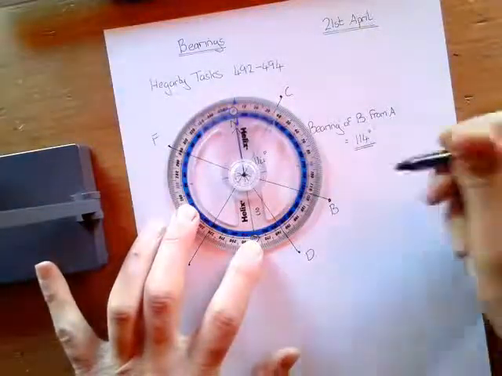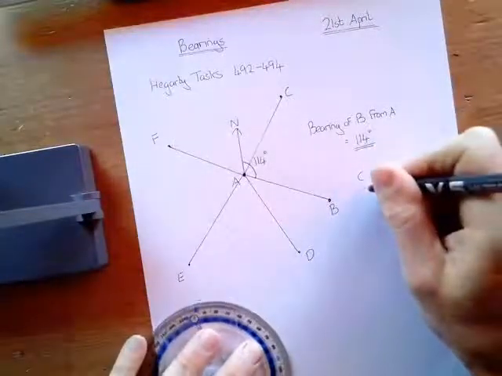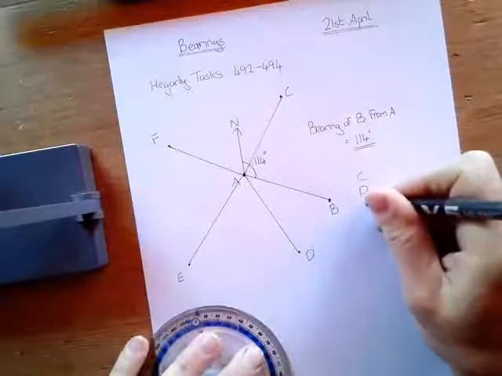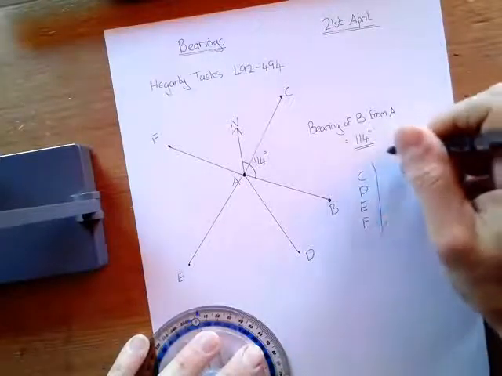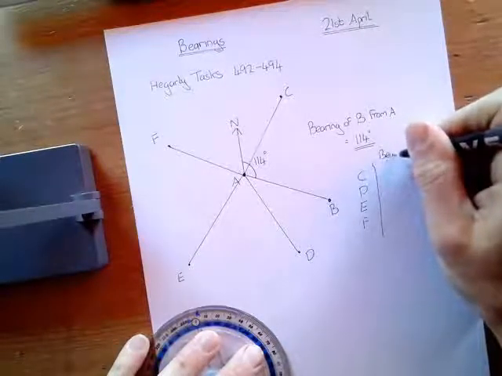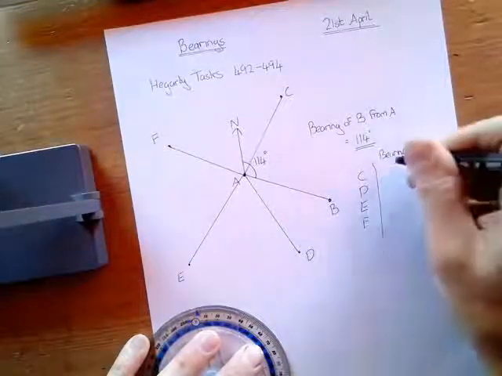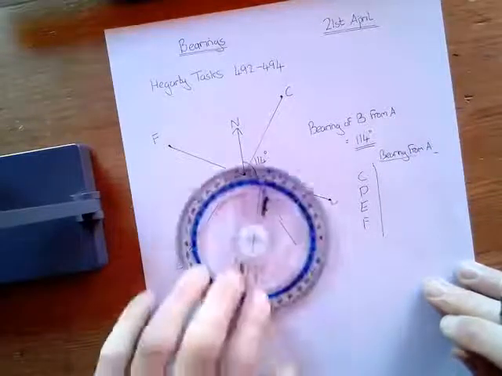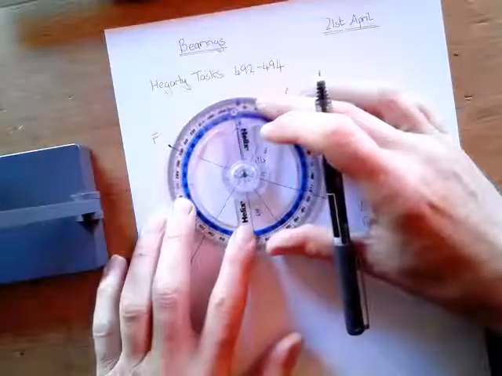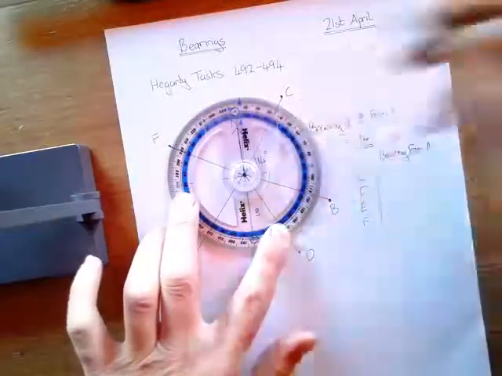So, let's do a little table: C, D, E, and F, and I want the bearing from A, where I am. So here we go. The bearing of C from A, I can probably do all this in one go, I don't even need to move the angle measurer, would be 34 degrees.